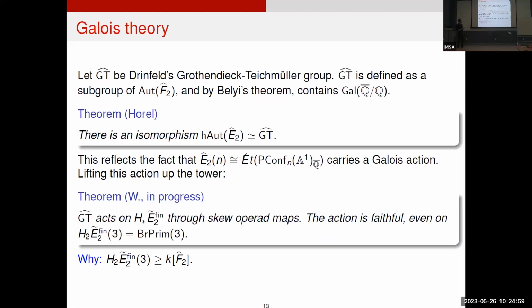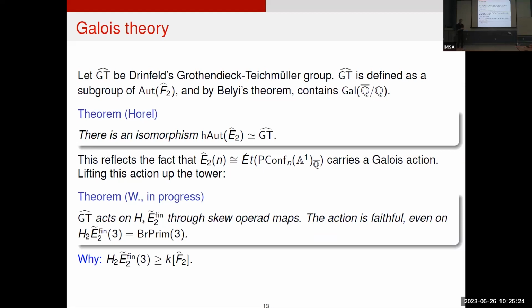But from Geoffroy's theorem, you can very quickly lift this action. What is it saying? GT hat, or the Galois group, acts on E2 hat through operad maps, and you can lift that action up this tower and get an action of GT hat on the terms of the homology of E2.